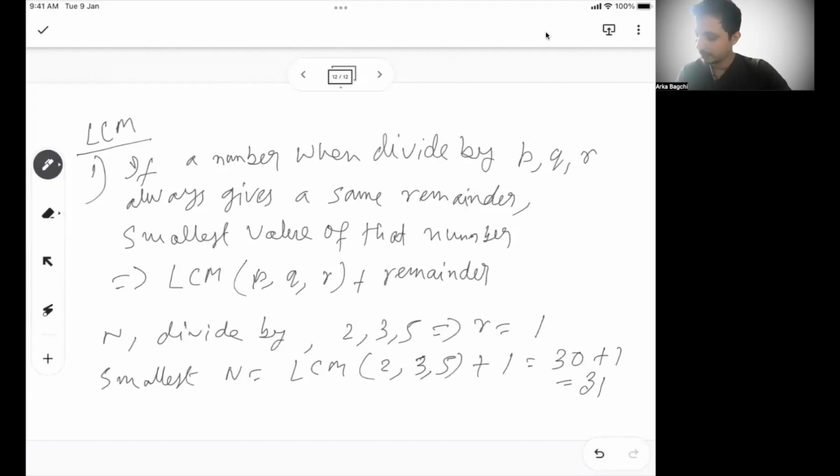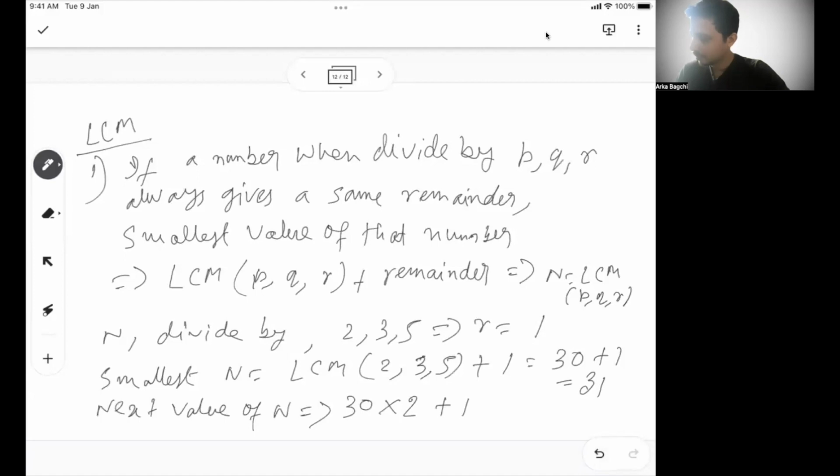Okay. The next value of n will be 30 into 2 plus 1. The next one is 30 into 3 plus 1. So the generic value of n will be LCM of P, Q, R multiplied by n plus 1. Basically, the first number is 31.